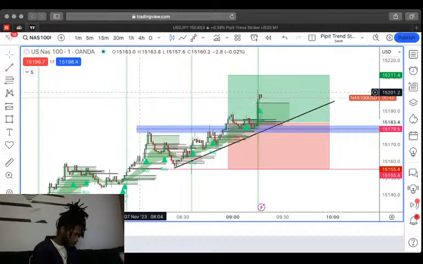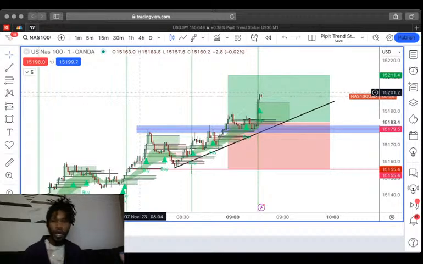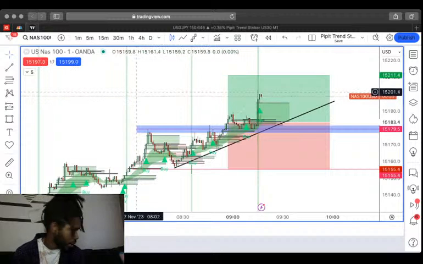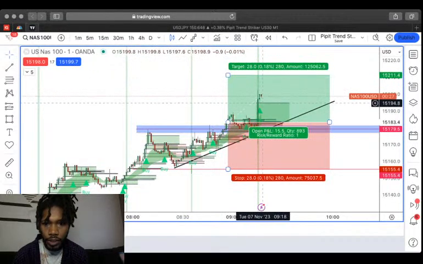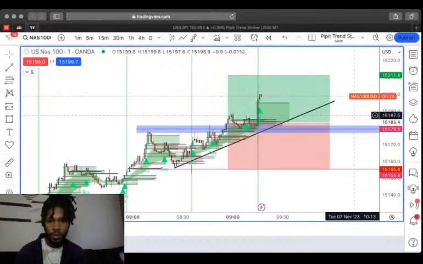Like I said, I already secured some profits on NASDAQ. So I'm just holding right now. If we can get price to actually hold above this level, that'll be dope.